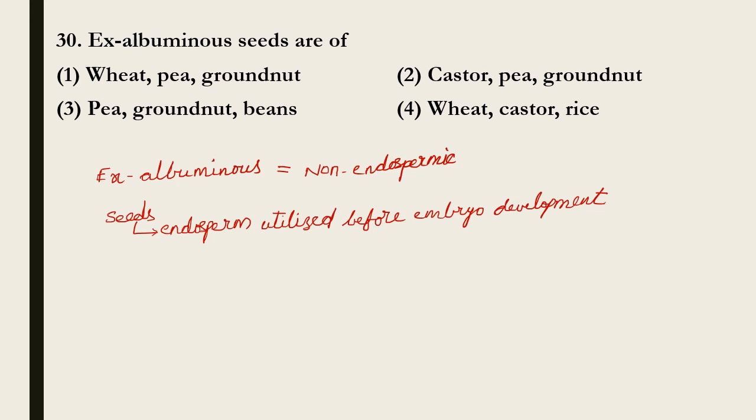In some seeds, the endosperm is retained till embryo development. Such seeds are called endospermic seeds.